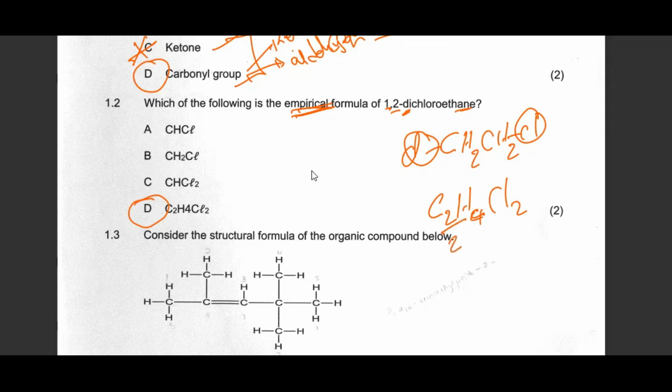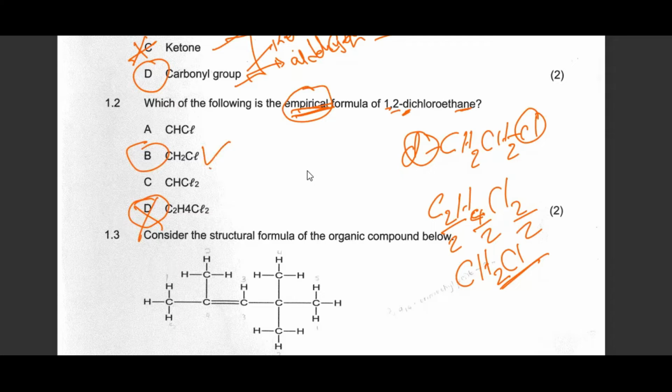So if I divide by 2, divide by 2, divide by 2, I'm going to have CH2Cl. So if I have this in the question, then it becomes the most correct answer. Therefore, B is also another correct answer. But because they want the empirical formula, the simplest way you can express it, this one becomes wrong, and I get this to be the correct answer. So it's also a confusing thing if you don't take care of it.